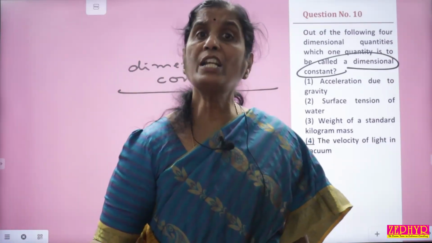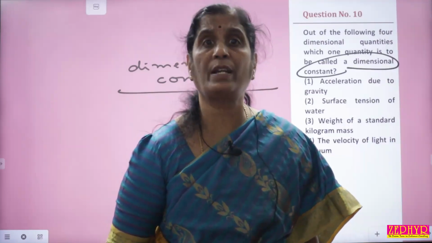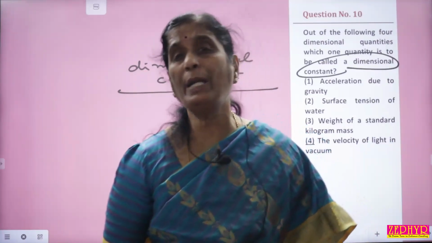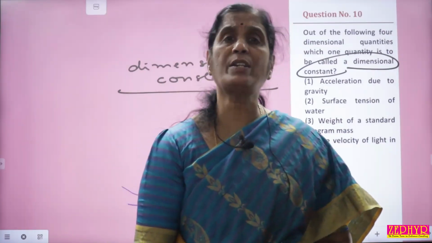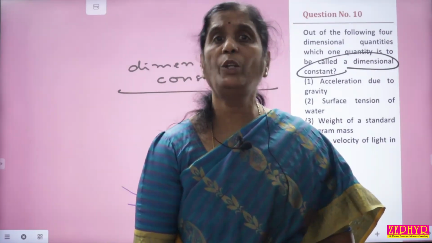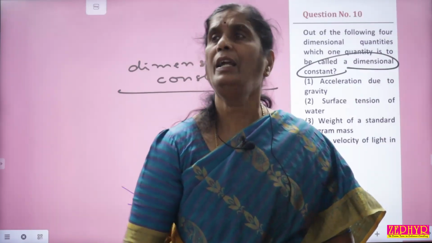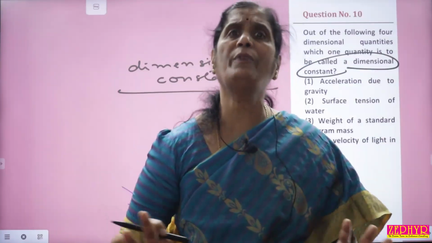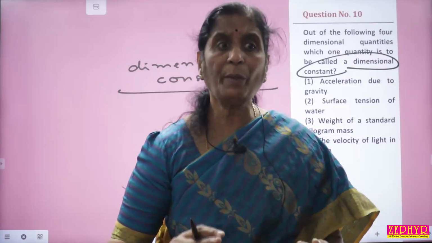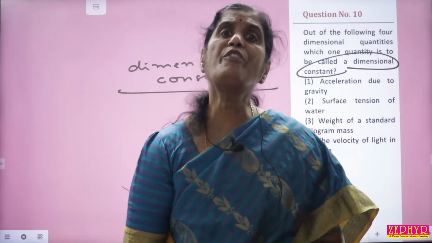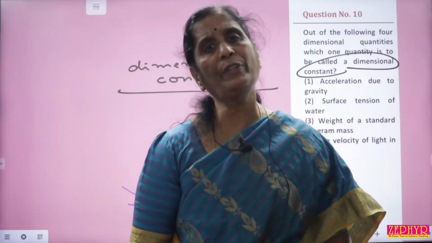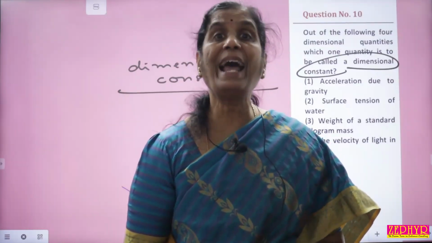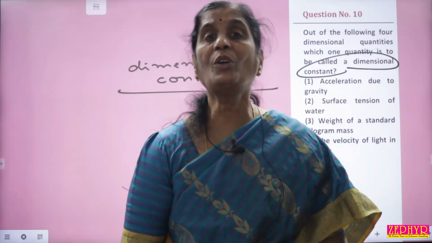Gravitational constant is a dimensional constant. F is equal to G M1 M2 by R square. That is a universal constant. Planck's constant is a universal constant. It should be constant throughout the universe, not for one particular place or situation. Velocity of light, 3 into 10 raised to 8, the velocity of electromagnetic waves, is a constant. Universal gas constant, our R, is also constant.